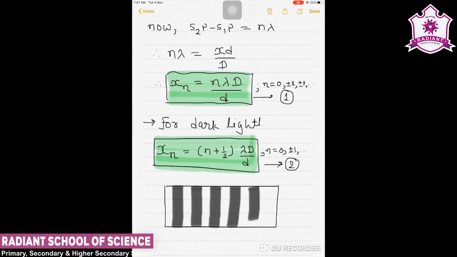So ultimately that would be the fringe pattern.